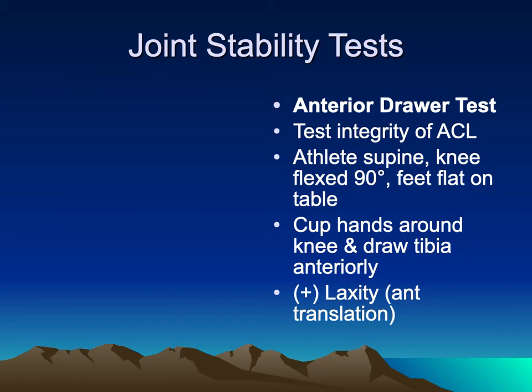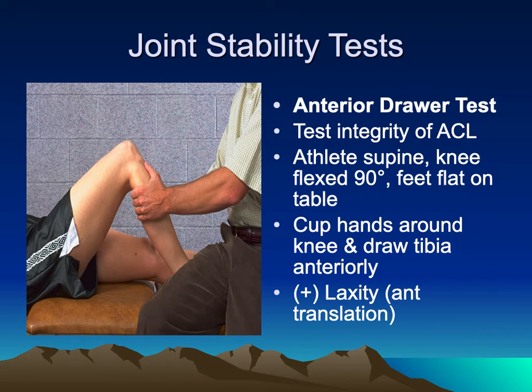The first one we talk about is the anterior drawer test. This tests the ACL. You can see that the athlete or the patient is lying on the table with their knee bent or flexed 90 degrees, with the feet flat on the table.